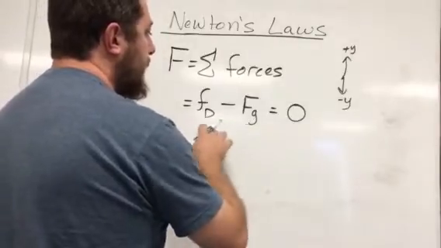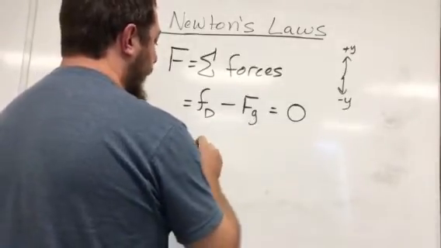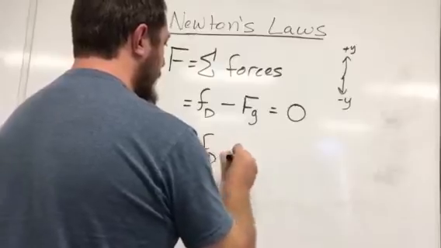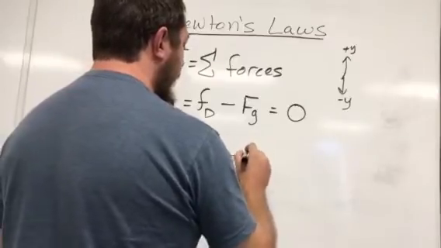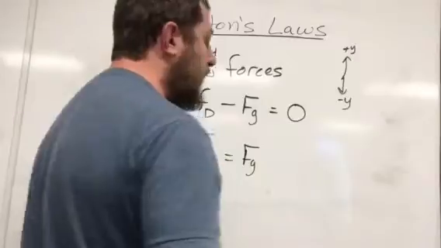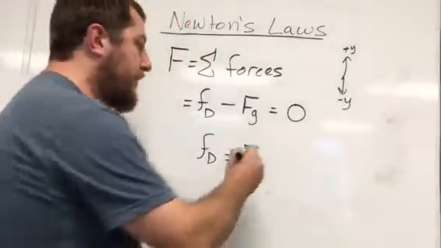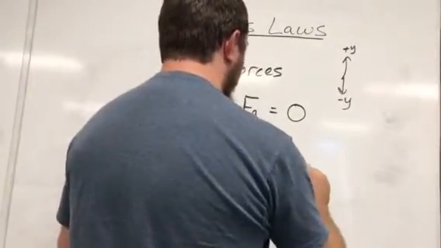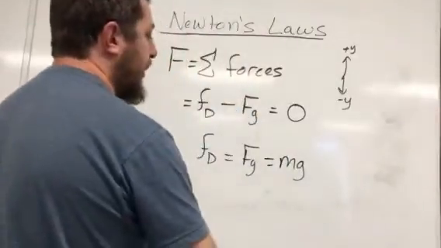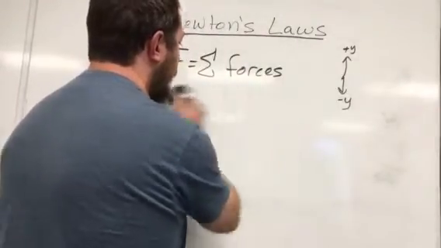So what is the drag force? Well, the drag force is going to equal the magnitude of the force of gravity, or the weight, mg. And we know what mg was. We were given m.